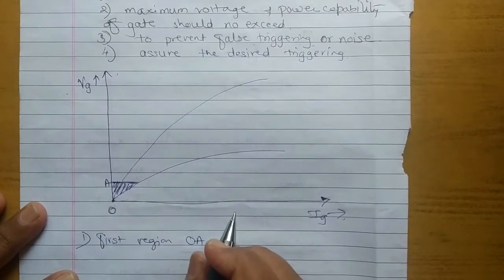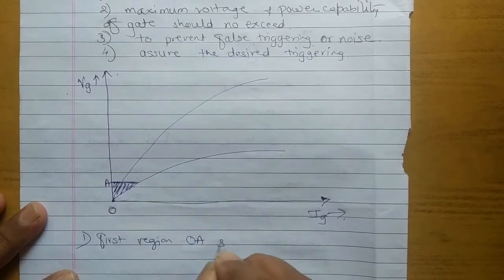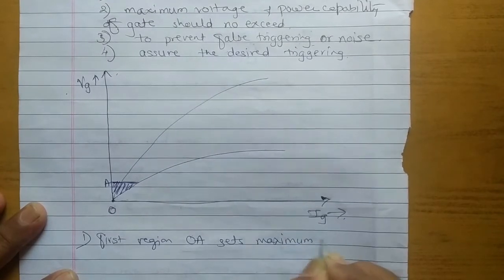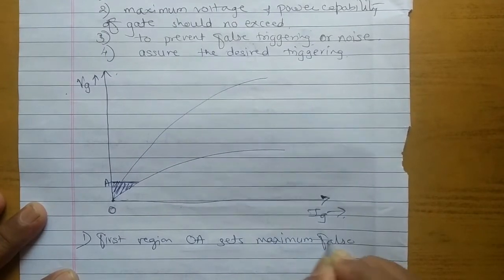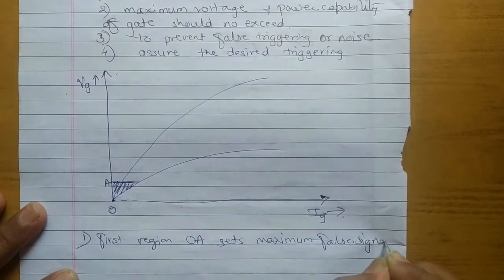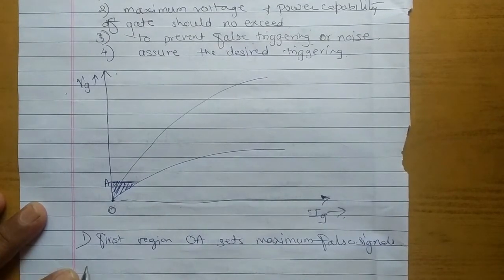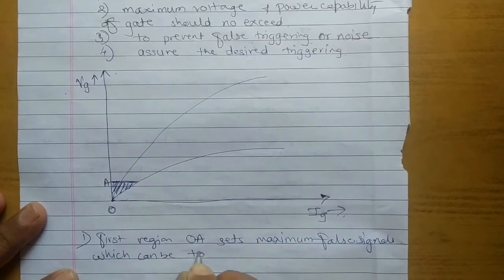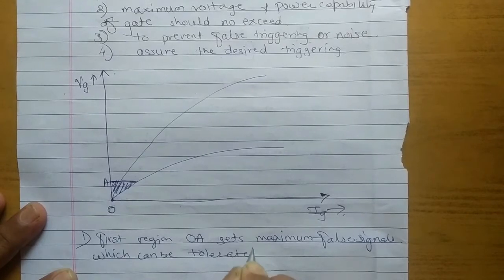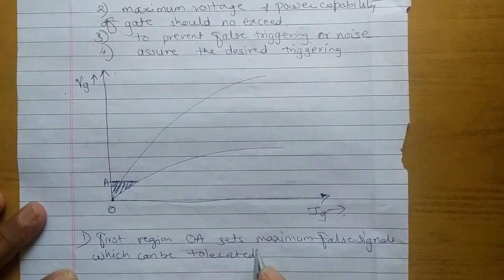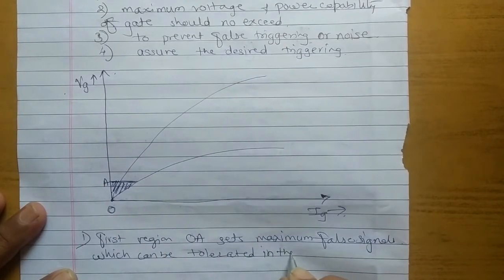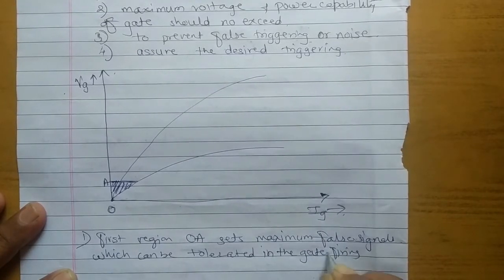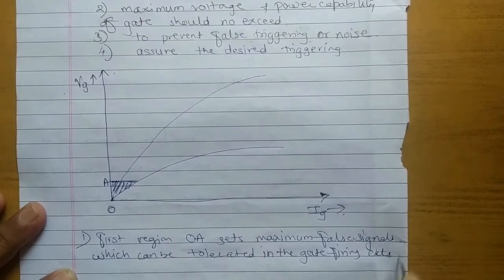So the first region, OA region, sets the maximum false signals which can be tolerated. Though we are having the signals in this region that can be tolerated in the gate firing circuit, SCR cannot be triggered with these signals.